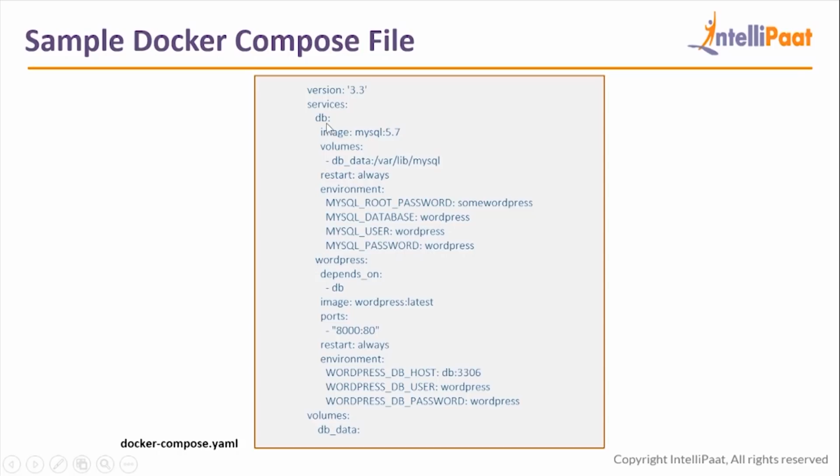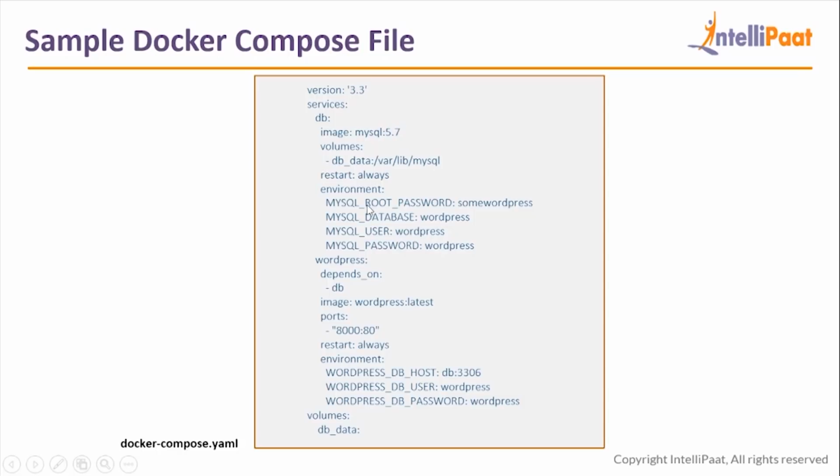Okay, so first we launch the DB container, and the image that we're trying to pull for the DB container is MySQL 5.7. In the MySQL 5.7 container, we are defining a volume which is db_data, and this is the target inside the container where it should be mounted, that is /var/lib/mysql.